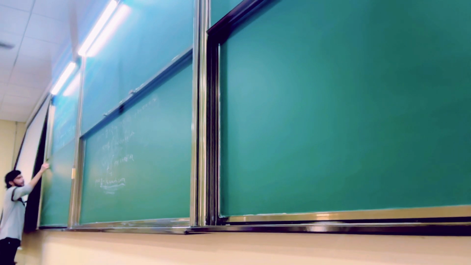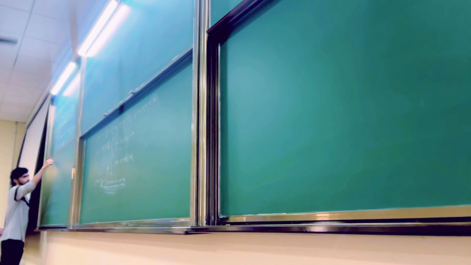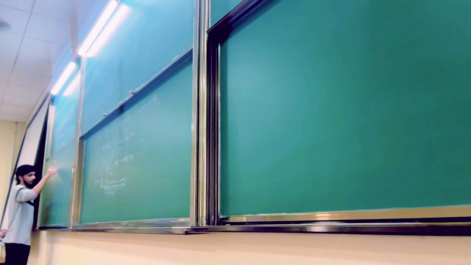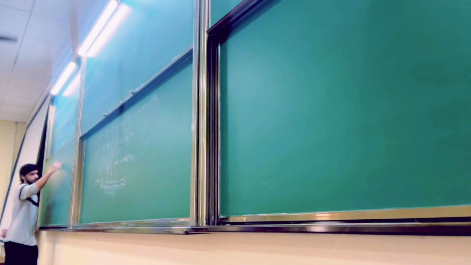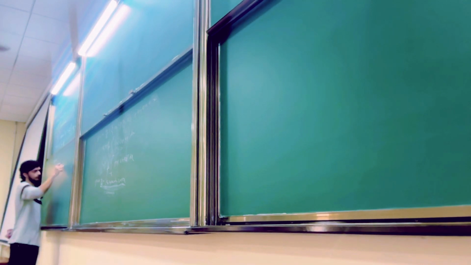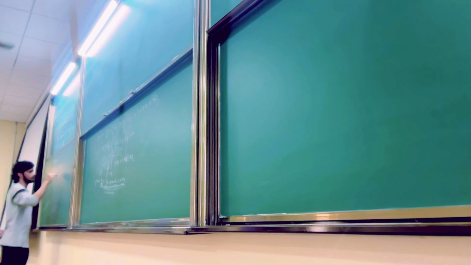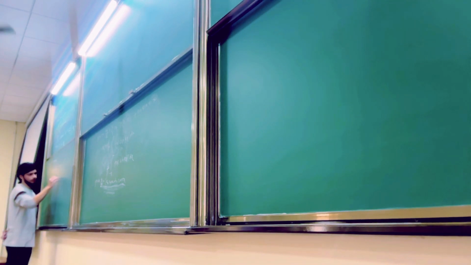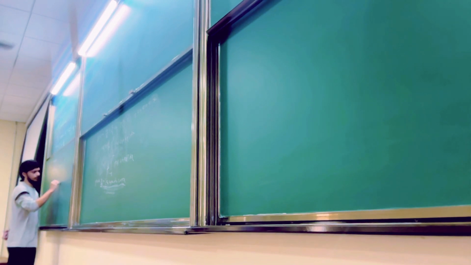Bn is equal to 1 by pi, minus pi to pi fx into sin nx dx. 1 by pi, 0 to pi, 1 times sin nx dx. 1 by pi, minus cos nx by n from 0 to pi. This is a very easy integration. Okay, that's why I am not telling you everything. This plus 1 by n.